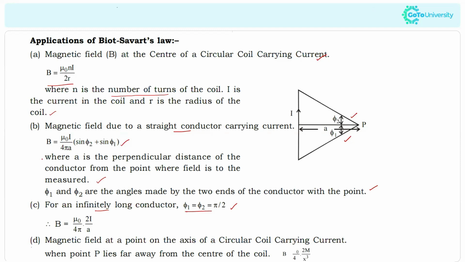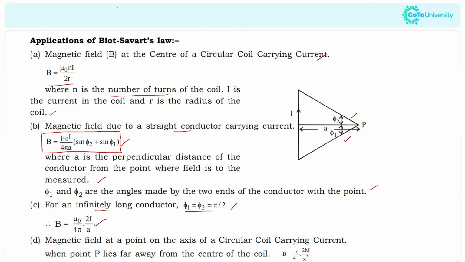So we will use the same formula we derived for the straight conductor: B is equal to mu naught I divided by 4 pi A times (sine phi 2 plus sine phi 1), right? Here phi 1 and phi 2 are both pi over 2. Simplifying, we can write mu naught divided by 4 pi times 2I divided by A as the formula for magnetic flux density.